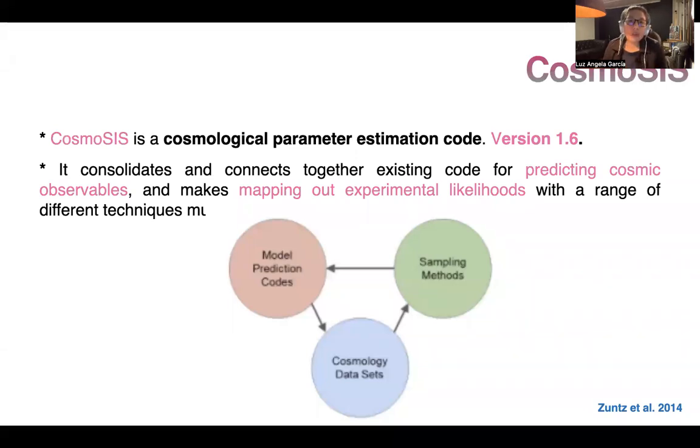In order to study this issue, we're going to use Cosmology version 1.6. And basically what Cosmology does is that it estimates the cosmological parameters, using different observables and mapping out experimental likelihoods in the different techniques of our models.